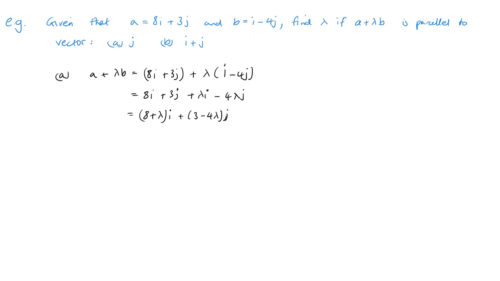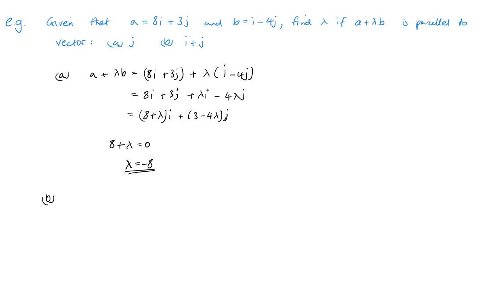So that means I want 8 plus lambda equaling 0, because it's 8 plus lambda i equals 0i. So my lambda equals -8. And that is the answer to the first one. So when lambda is -8, this vector is then parallel to j.